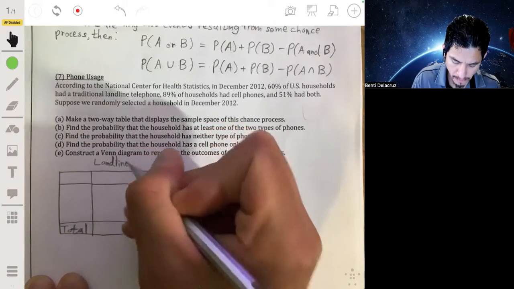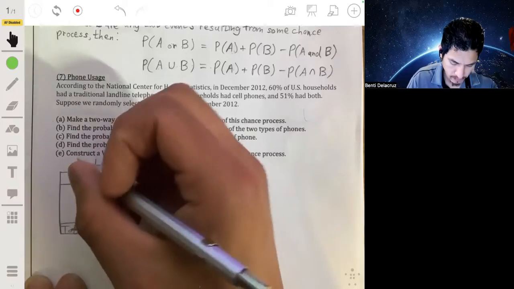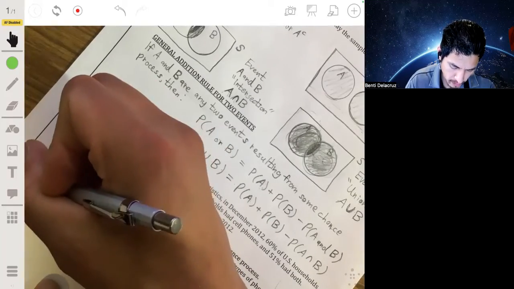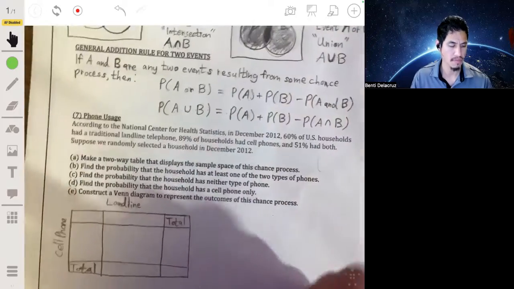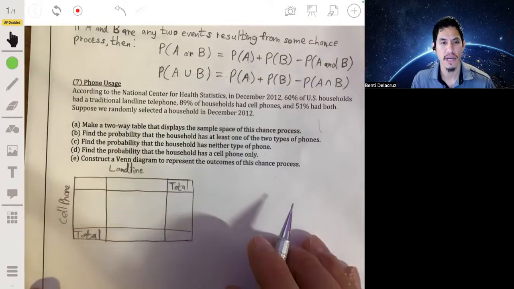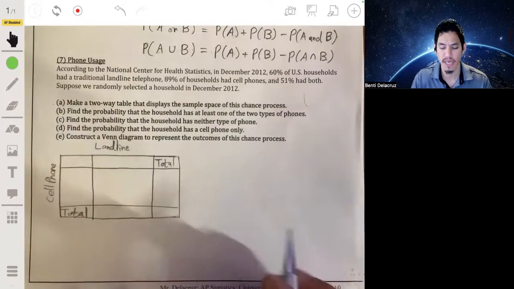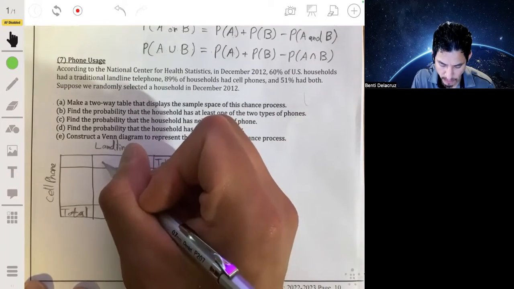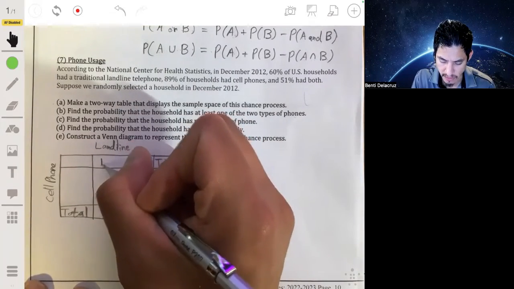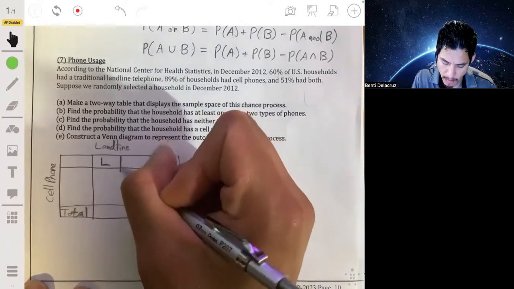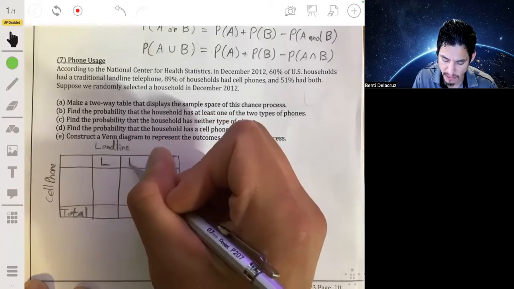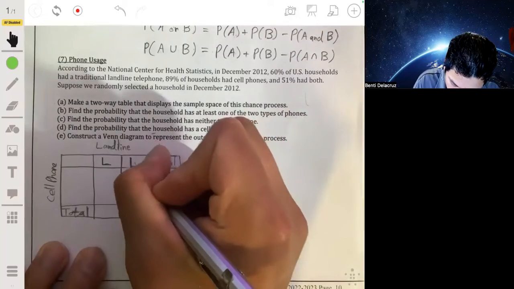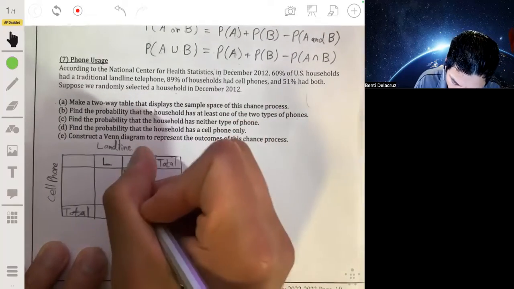Landline. Next, we need to do the cell phone. Okay, so now again, we want to always keep this as simple as possible. So we just have one column represent that you have a landline telephone, so we'll just have L. And the other column is that you don't have a landline, so L complement.